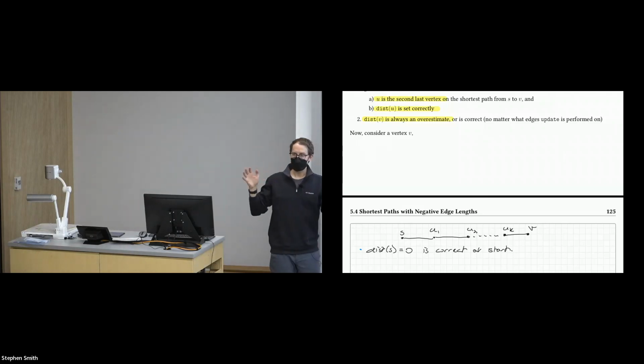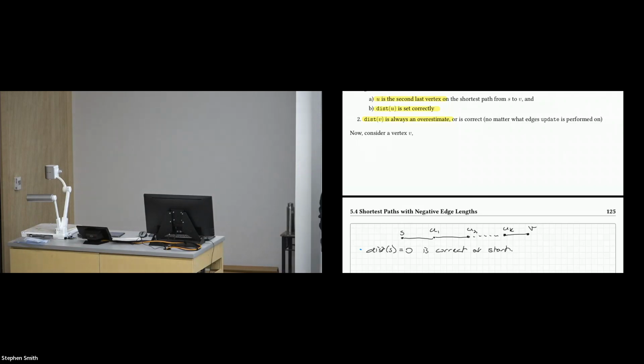I'm using something here that I think maybe is intuitive to you, but I should probably just state: if this is an optimal path from S to V, then if I take any subpath, like the chunk that just goes from S to U2, that has to be an optimal path from S to U2.